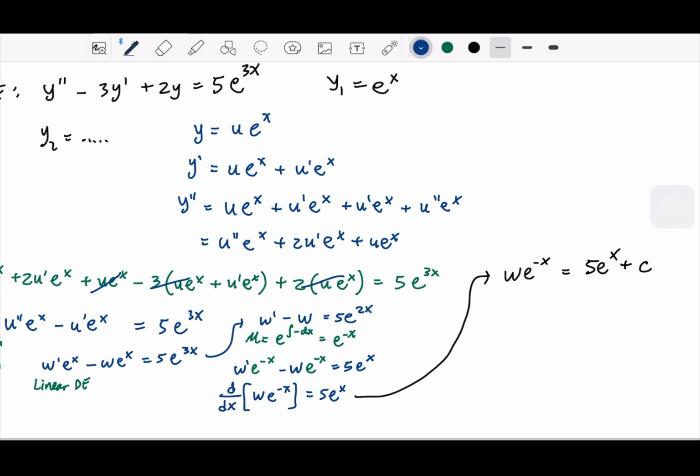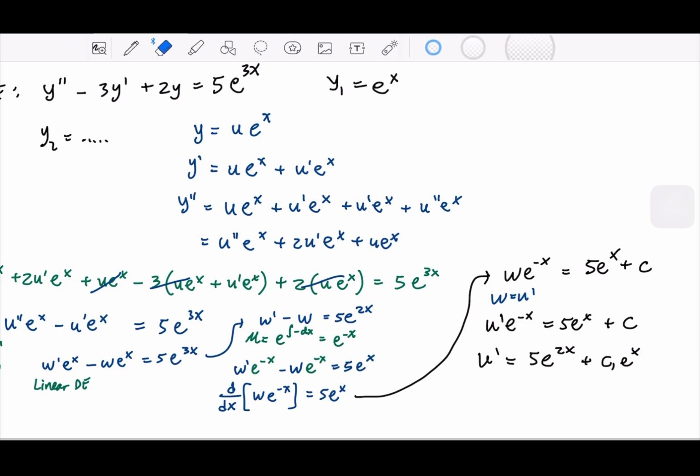And since w is u prime, we can write u prime e to the negative x is 5e^x plus c. So u prime is 5e^x plus, let's say this becomes c1 e^x, or rather just c is still okay, I think.